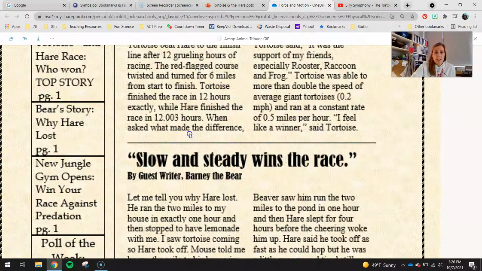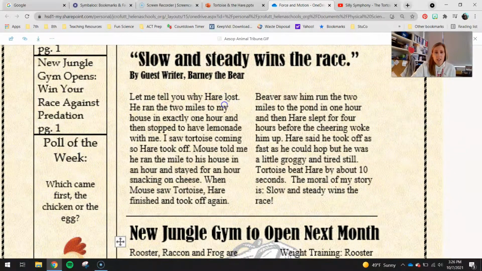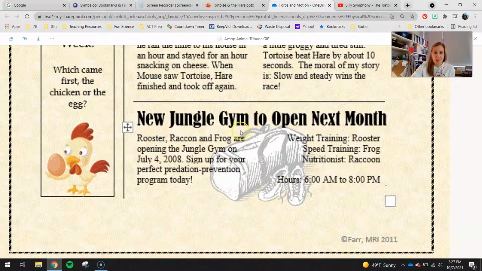Slow and Steady Wins the Race is written by Barney the Bear, and it's all about why the tortoise beat the hare. So you guys are going to get a lot of information about why the hare did not win, which is going to be your key information to help you graph the time and distance traveled by old Mr. Hare there. And then the last one's just for fun. You guys can read that if you want.